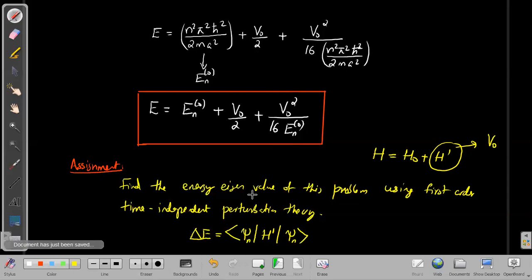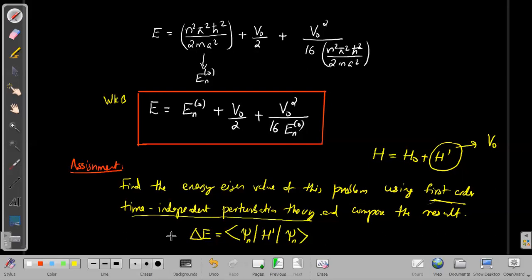You can compare the result. We already calculated the energy eigenvalue using WKB. Now you can find the same energy using first order time independent perturbation theory.